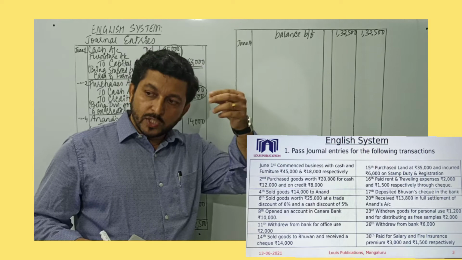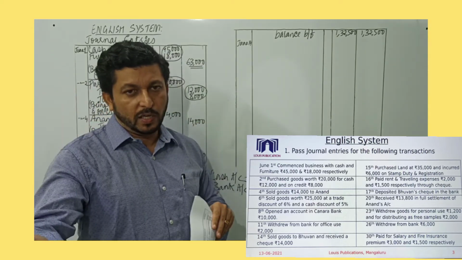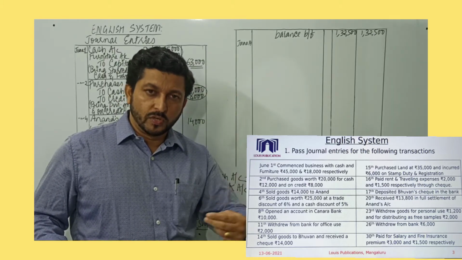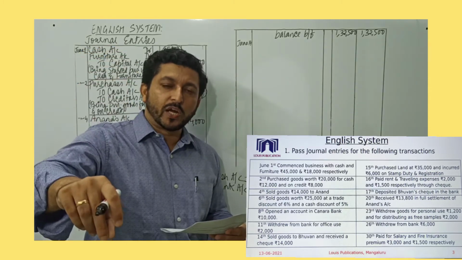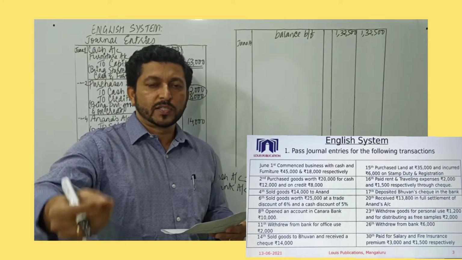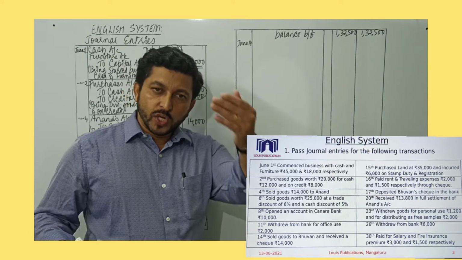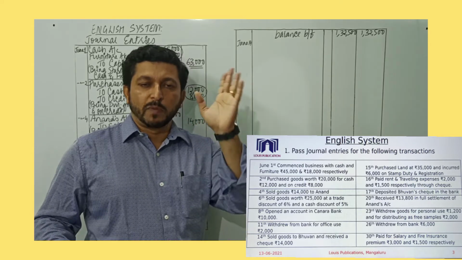But if you have received a check on one day and you are depositing the check on the next day, you will treat when the check is received as if cash is received. This is another very important rule in accounting. And when you are depositing the check after 1 or 2 days, we will assume cash is deposited in the bank. So understand, check received and deposited on the same day, you will record it as bank account.